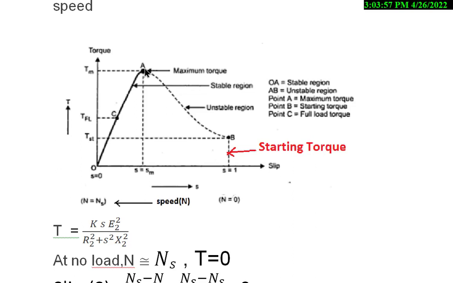After that, if the load is increased, instead of torque increasing, torque reduces like this. But slip continues to increase, meaning speed continues to decrease up to here. Once it reaches this point, the motor stops working, meaning it comes to standstill condition.